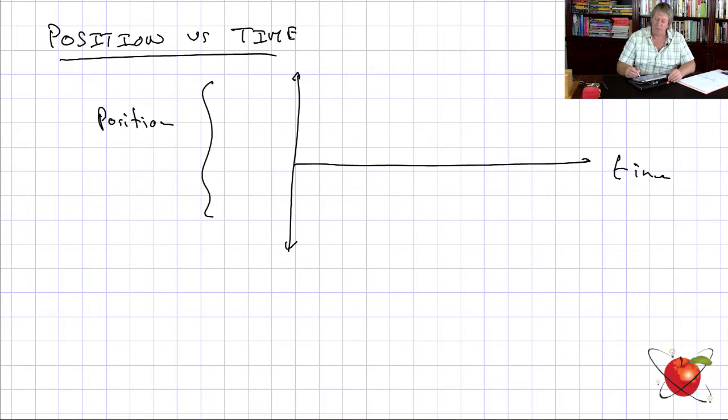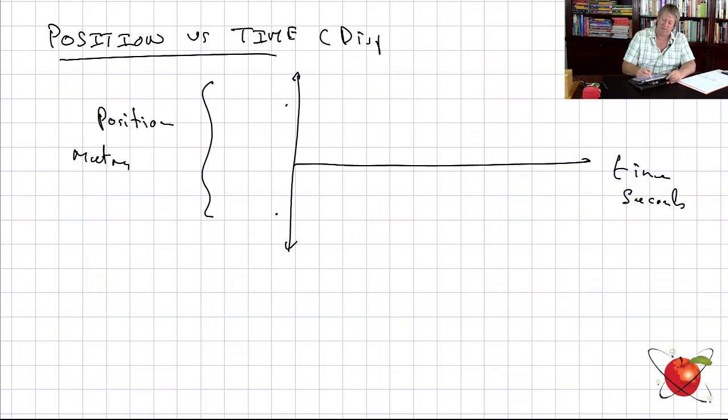Now we do this in seconds and position in meters. That's how we measure it. Why have I got a piece here and a piece here? Correct. Because position is going to be my displacement from the origin.